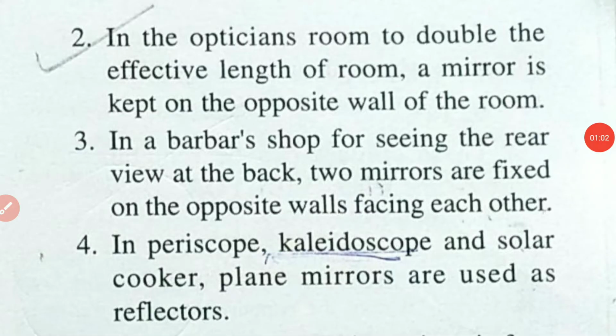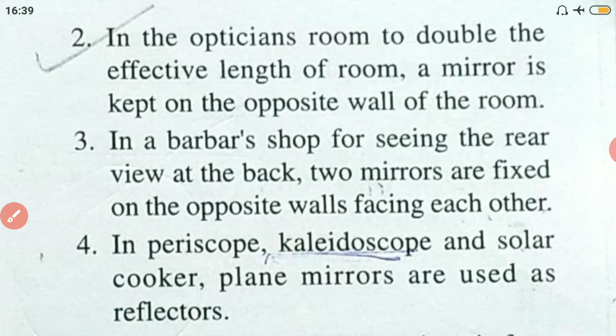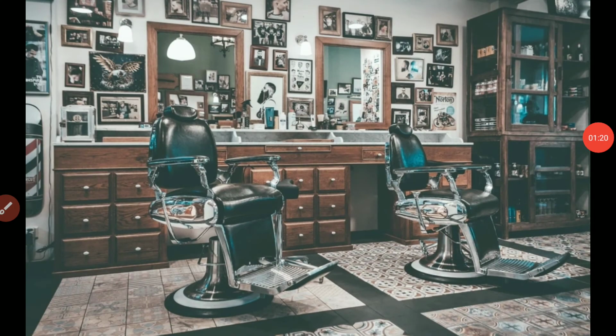Use number 3, which is in a barber's shop. For seeing the rear view at the back, two mirrors are fixed on the opposite walls facing each other so that you can see the back of your head also. Let us try to see one image. Here is one image of the barber shop.